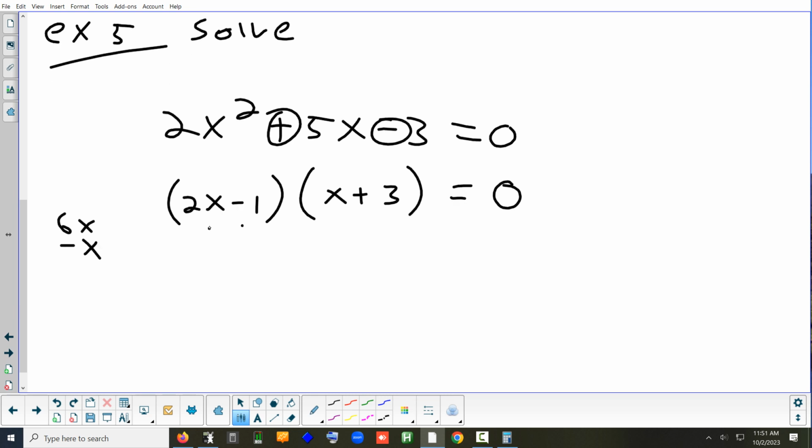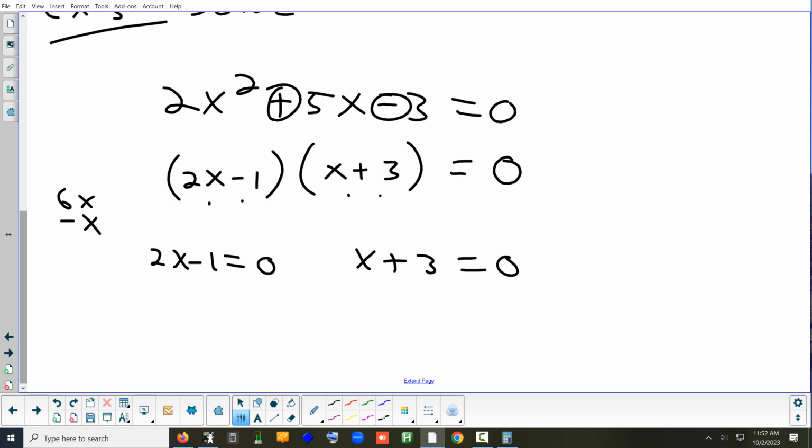All right. Now we've got something times something gives us 0. What's the only way you can multiply two things together and get 0? Only one way that could happen. Yeah? One of them equals 0. One of them or both of them would have to be 0. Either the first one is 0 or the second one is 0.